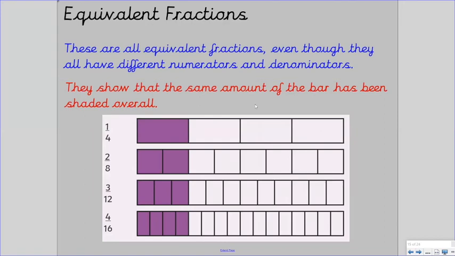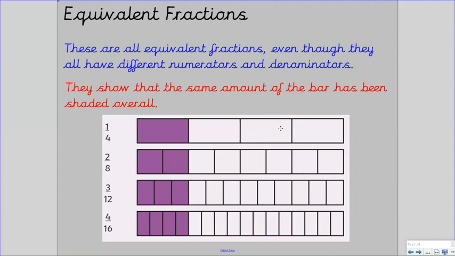So let's have a look at these equivalent fractions below. Now, these are all equivalent fractions, even though they all have different numerators and denominators. Numerators being the numbers on top, denominators being the numbers at the bottom. They show that the same amount of the bar has been shaded overall. So you can see out of these 4 bars here, the same amount has been shaded purple.